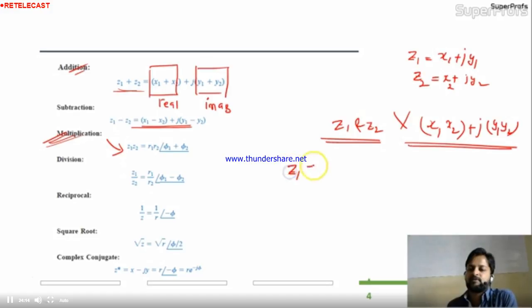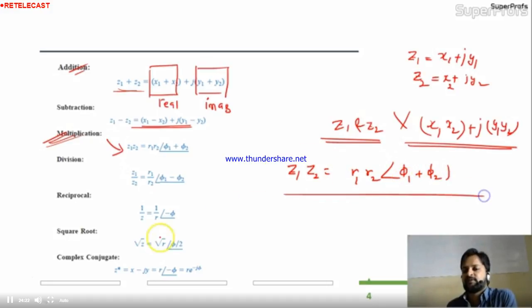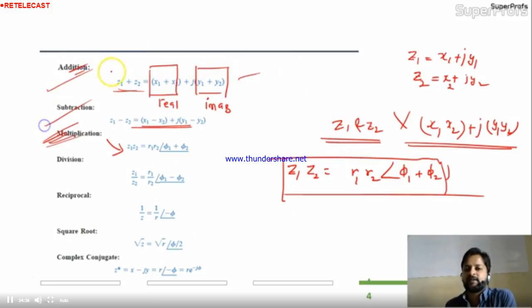Because in polar form, z1 times z2 is nothing but r1 r2 and the summation of the phase angles. So if you have values in polar form, it's very easy to multiply them. If the values are in rectangular form, you can easily add and subtract them.